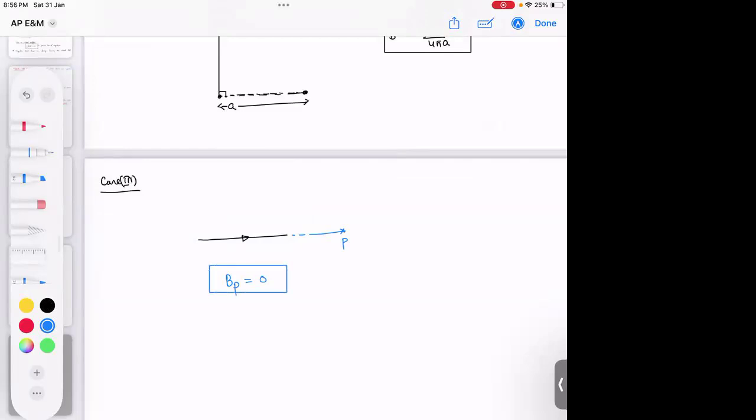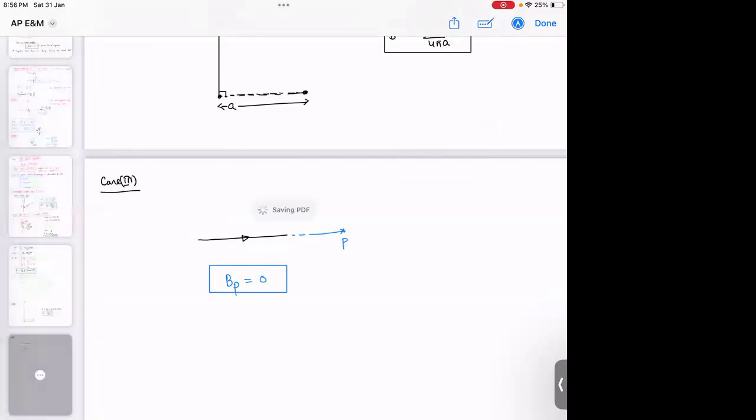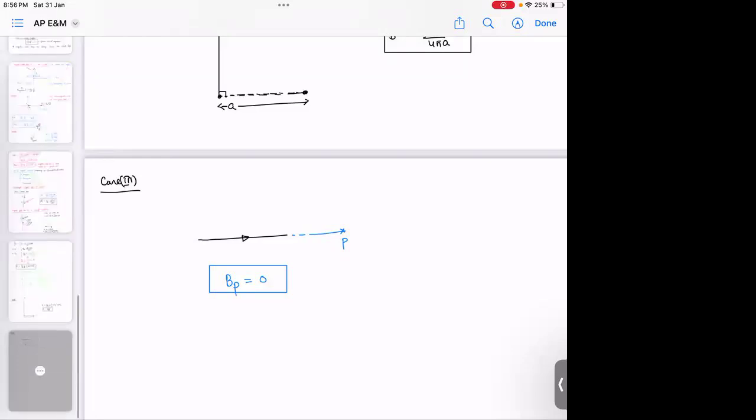Because if you calculate the magnetic field due to a current carrying wire at a point which is along the wire itself, maybe in the direction of current, maybe opposite to the direction of current, then the magnetic field will be 0. Why? Because the angle between dl and r will be either 0 or 180 degrees. And if the angle between the dl vector and r vector is 0 or 180 degrees, then the magnetic field will be 0.